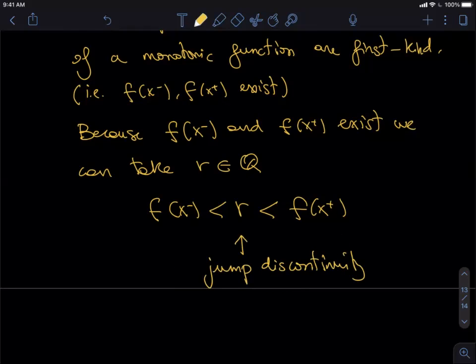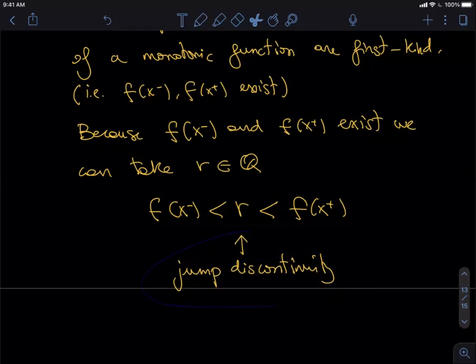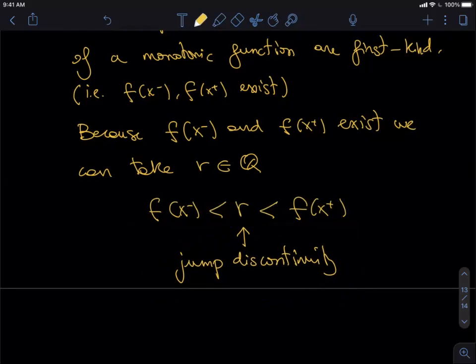That is, the lateral limits are different, and because they are different, there is a space in between them, and because the rational numbers are dense, we can take some rational number that is in between them. And actually, we can do this for every discontinuity.